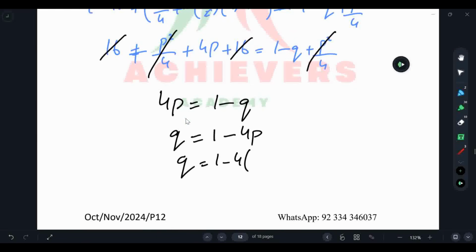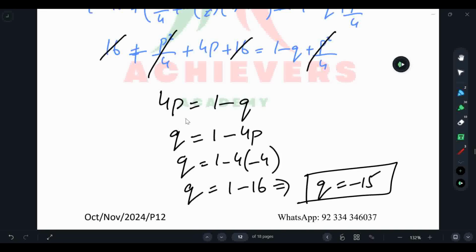So p is minus 4. So q is equals to 1 minus 16. So q will be equals to minus 15. So this will be the final answer.